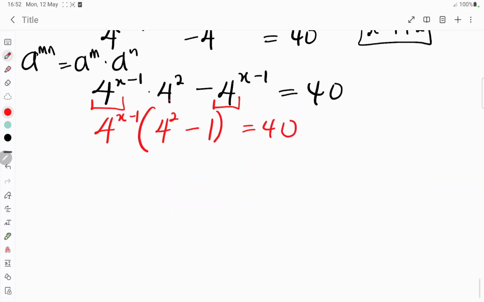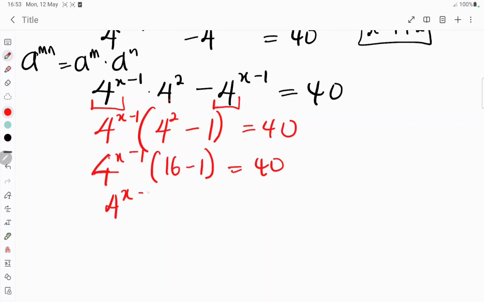The next thing is to simplify the terms in the bracket. 4 squared is 16, so I have 4 power x minus 1 into 16 minus 1 is equal to 40. 16 minus 1 is 15, so I have 4 power x minus 1 into 15.